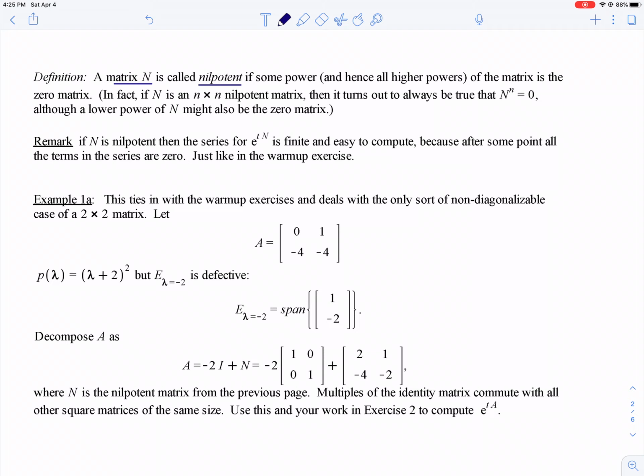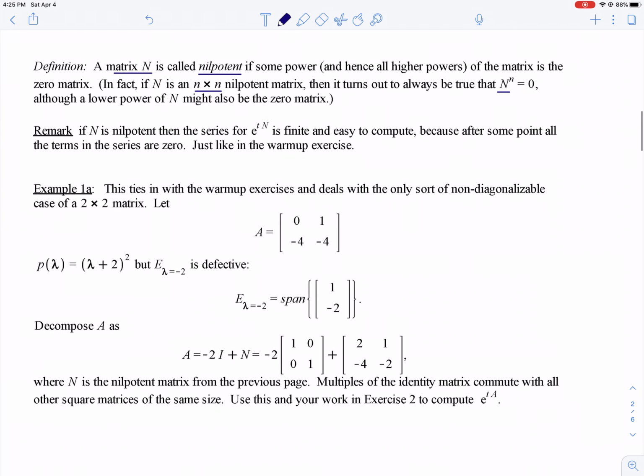And if the dimension is little n, and the matrix is nilpotent, then it'll always turn out that by the time you take the matrix to the nth power, you get the 0 matrix. And sometimes a lower power will already give you the 0 matrix.